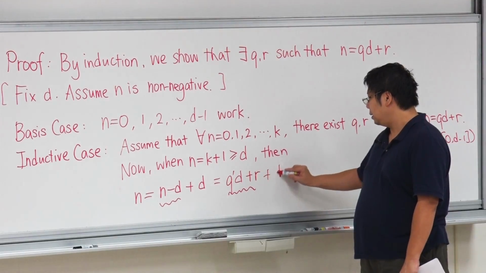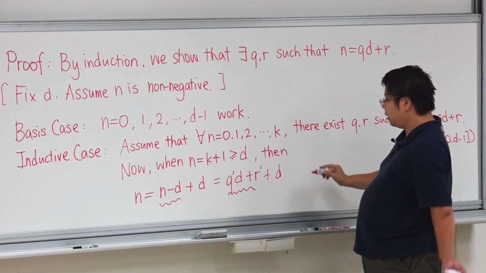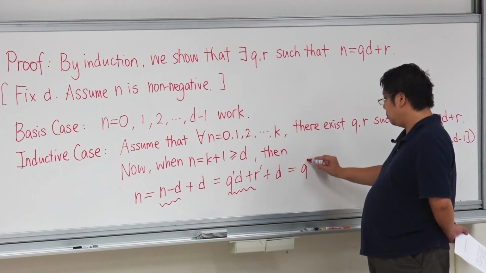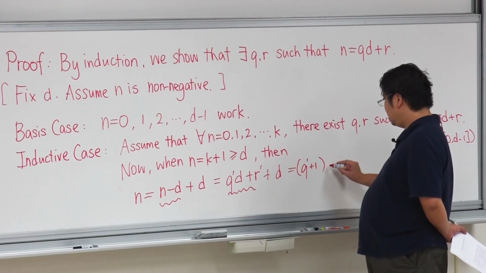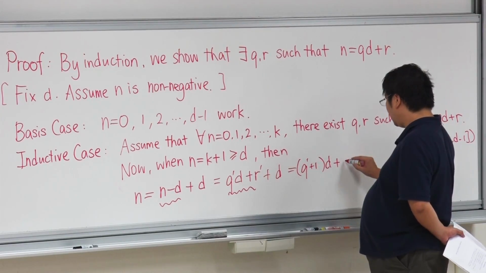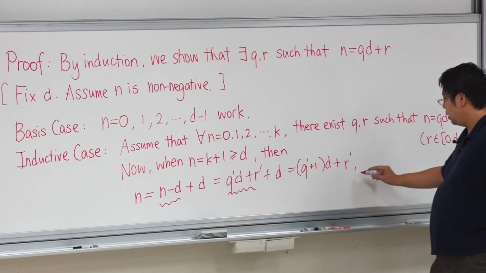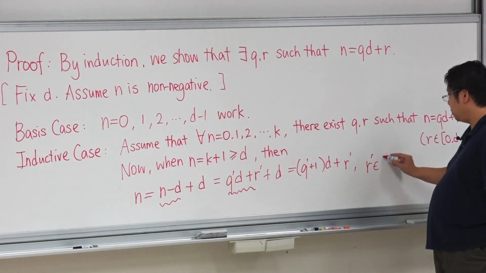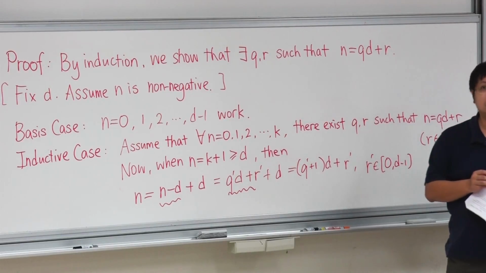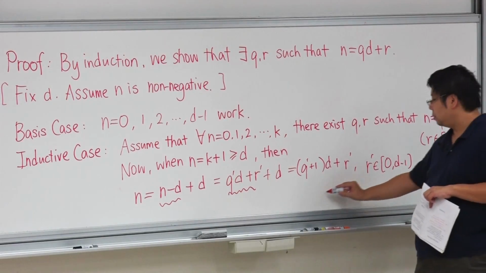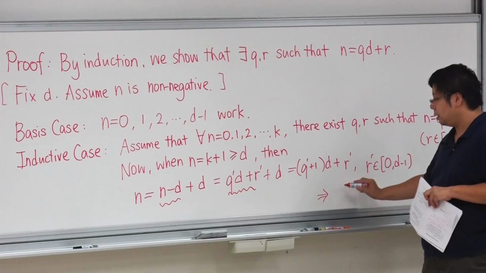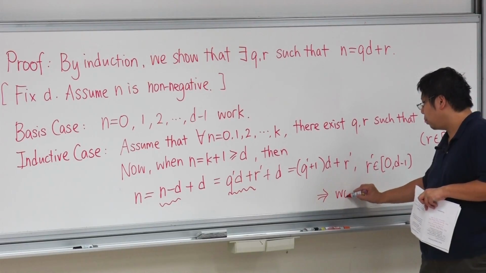Let's say this R is some R prime. So n is equal to Q prime plus 1 times d plus R prime, where R prime is some number between 0 and d minus 1. So this implies that the inductive case also works.